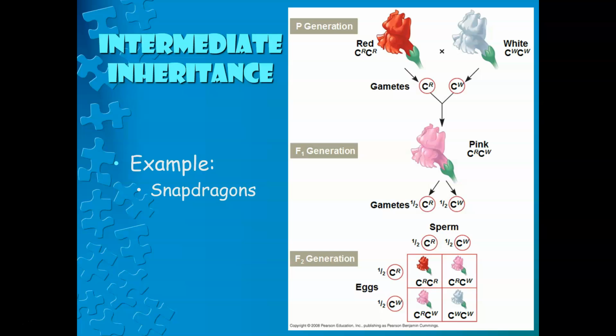I take my parent generation, my purebred red and my purebred white, cross them together, and I get that heterozygote in the F1 generation. If this were traditional Mendelian genetics, we would expect that F1 generation's flower color to be red. And yet, instead, we're seeing a third phenotype here. That heterozygote looks like a cross between the red and the white.